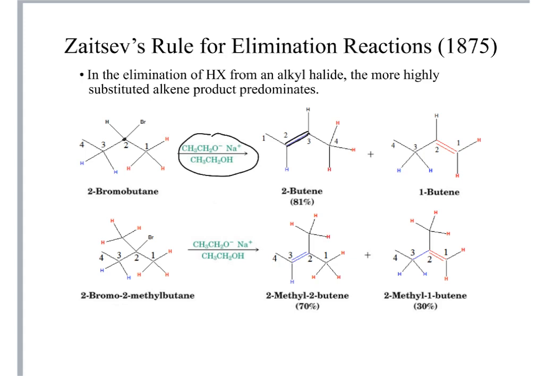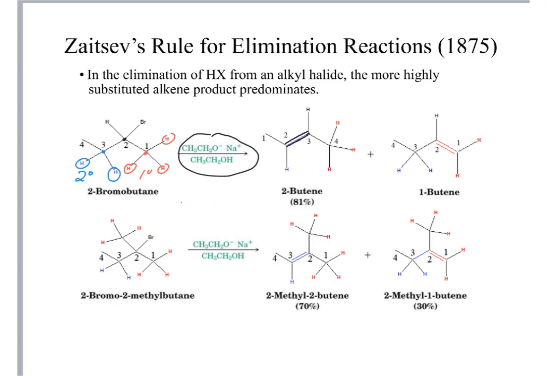We have a primary carbon at the alpha position with 3 alpha hydrogen atoms, and we have another alpha carbon, secondary carbon, with 2 hydrogen atoms. We see that the major product had resulted from the elimination of one of the more acidic secondary hydrogen atoms.